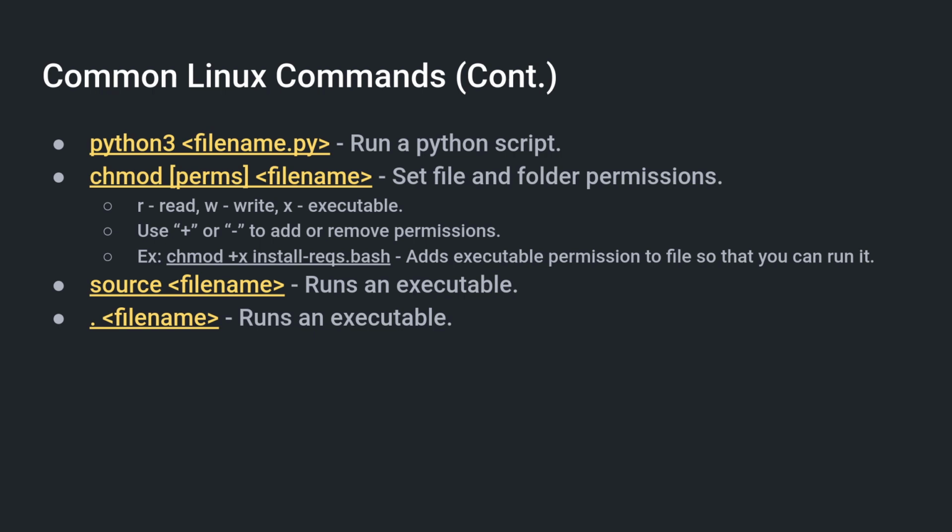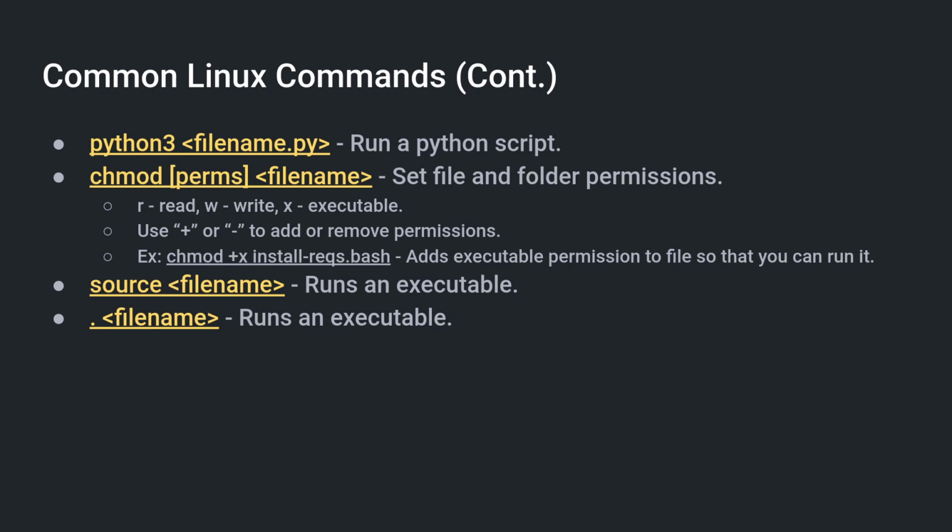And pretty much what you would do, for example, let's say you create a bash script, which is a script that contains bash commands, which are pretty much Linux commands. And you can actually run the file and it will run through whatever Linux commands you put into the bash file.